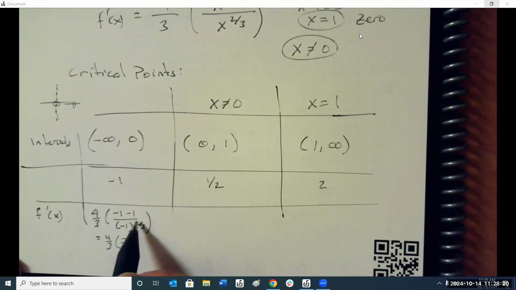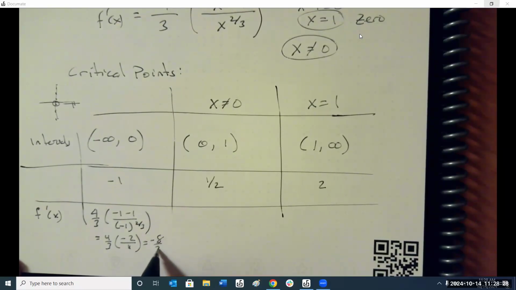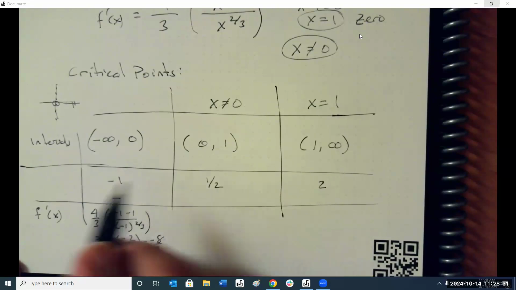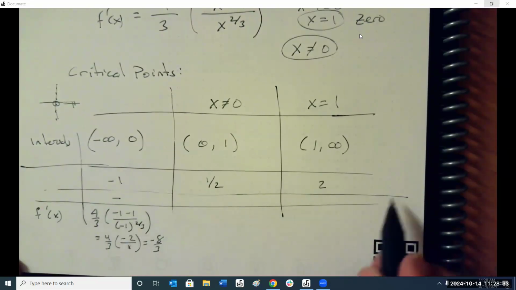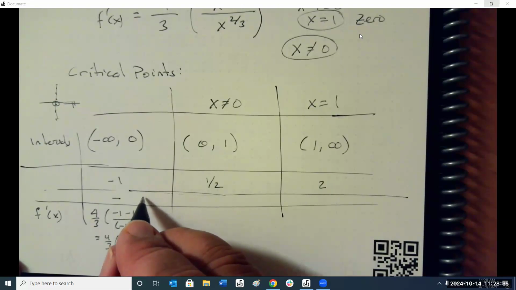Since it's squared, it's 1. So -1 squared is +1. So it's 1 and the answer is -8/3, which is negative. So it's going down.